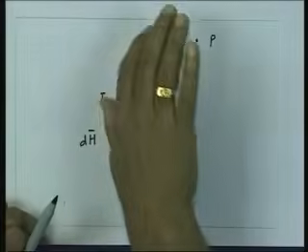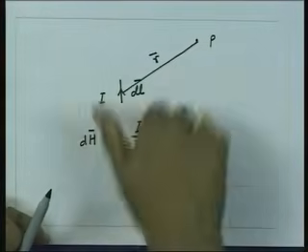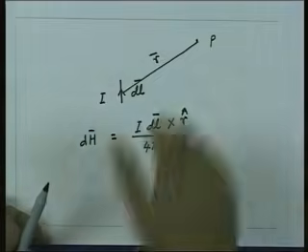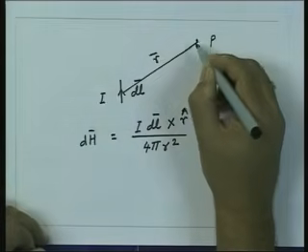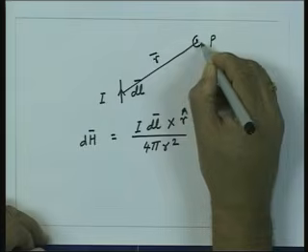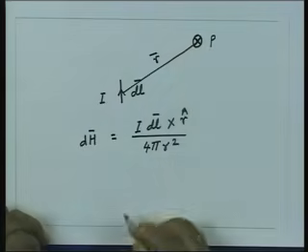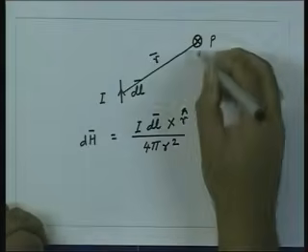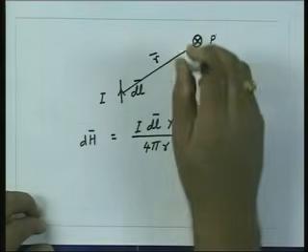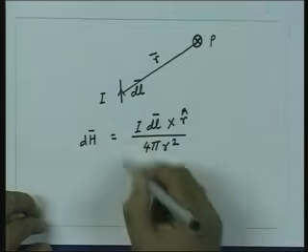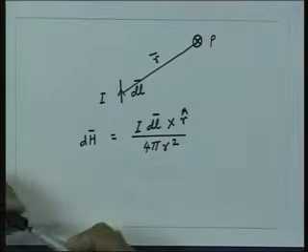If I apply the right hand rule, dl cross r gives me a direction which goes inwards into the paper. So at this location the magnetic field will be going inside the paper, which we denote by the cross, and the magnitude is given by the magnitude of this expression.